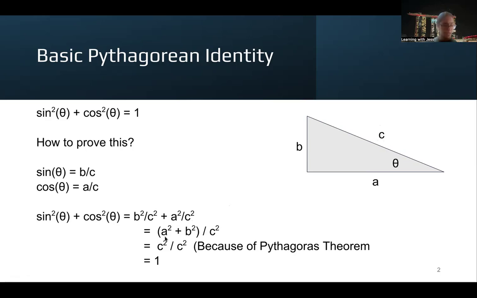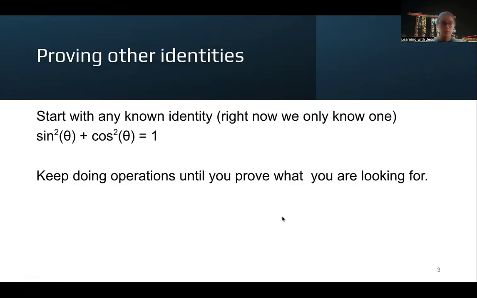So since a squared plus b squared equals c squared, we can immediately put that as c squared over c squared, which is equal to 1. We can use this equation to prove any other identities. Keep doing operations until you prove what you are looking for.